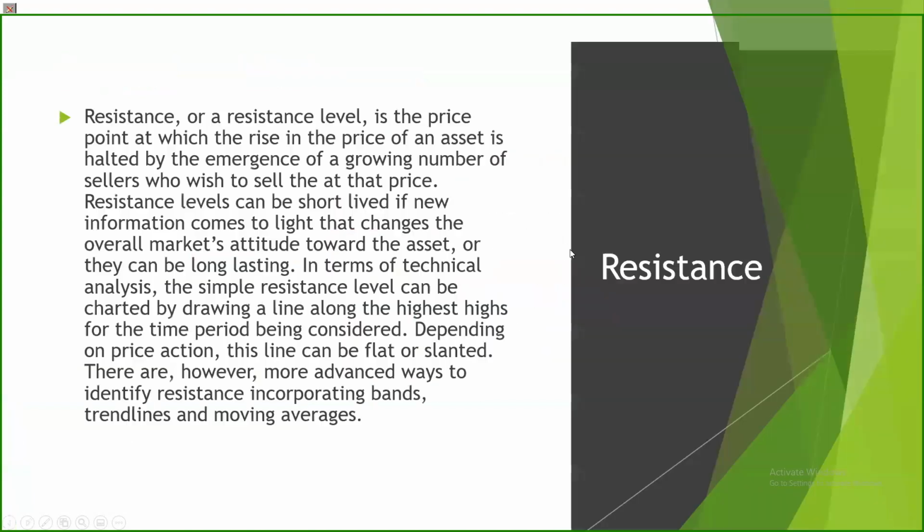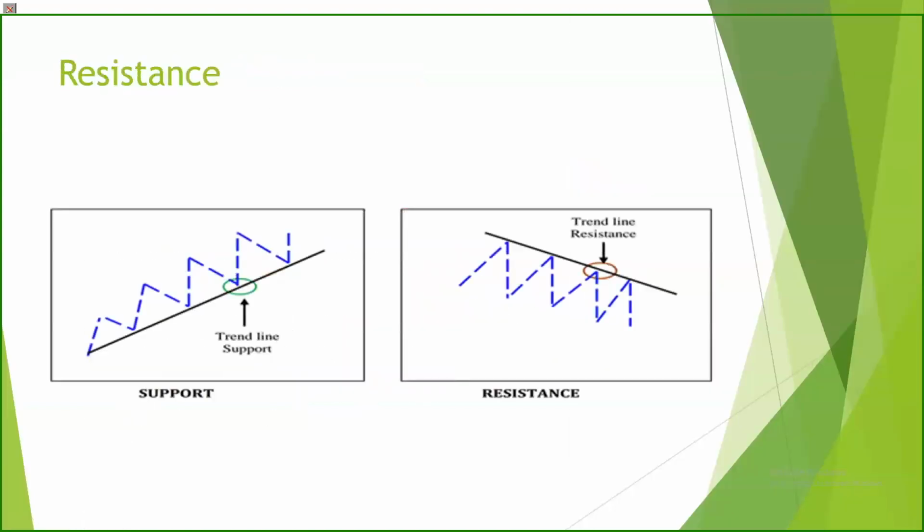So let's start talking about the types of resistance, because that's how we figure out where we're going to be able to see support and resistance. So what are the types of support and resistance? How can we find this? Because when we're looking at a little diagram like this, it's very simple. But what are the ways in the stock market, in this penny stock world, that I'm going to be able to figure out where support lines and resistance lines are going to be?